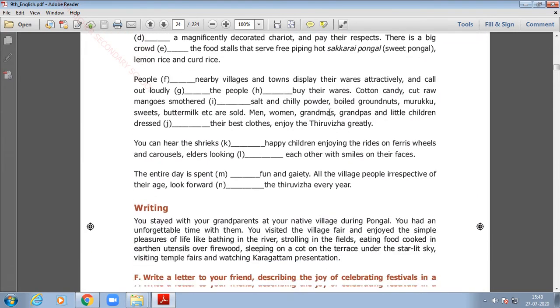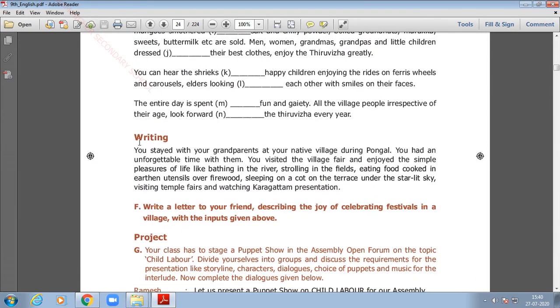Okay, next there is another skill, writing. You stayed with your grandparents at your native village during Pongal. You had an unforgettable time with them. You visited the village fair and enjoyed the simple pleasures like bathing in the river, strolling in the fields, eating food cooked in earthen utensils over firewood, sleeping on a cot on the terrace under the starlit sky, visiting temple fairs and watching Karagattam presentation.